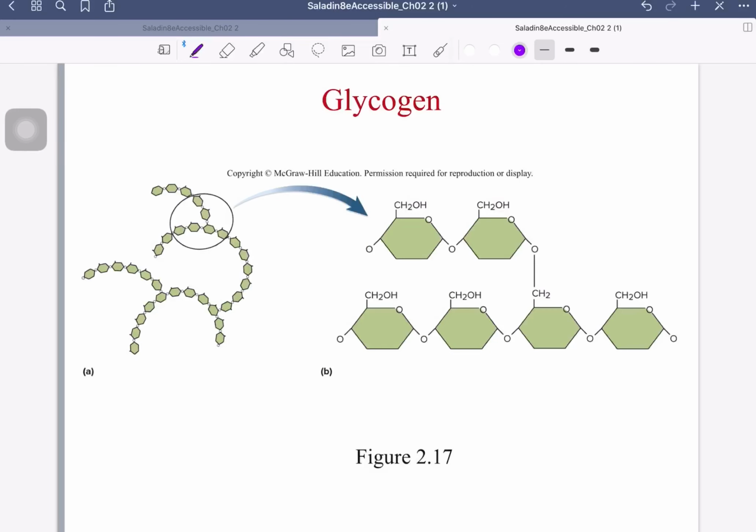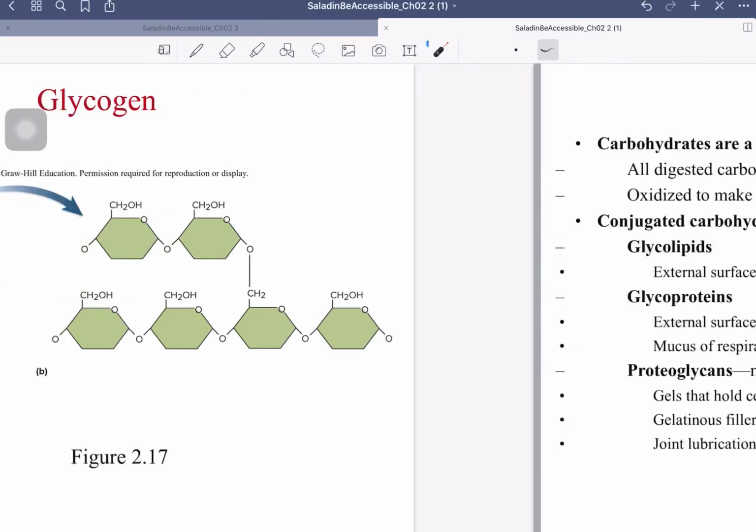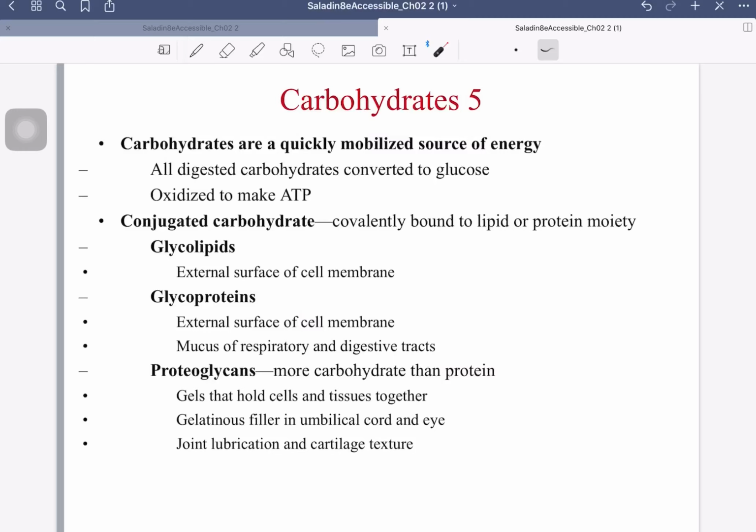Here's just an example of glycogen. You can see these are all individual sugars bonded together. You can see the bonds that occur there, and of course, if I want to liberate them, I have to come along and break the bonds through hydrolysis, and then I have an individual sugar to use. It's a good storage mechanism.